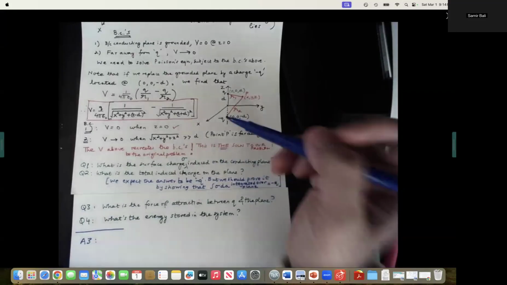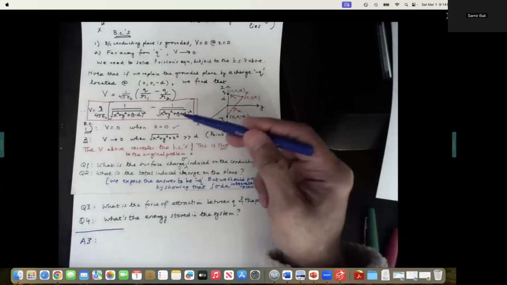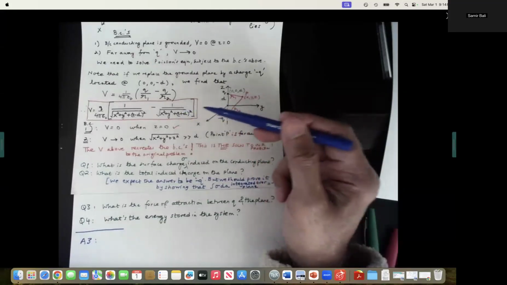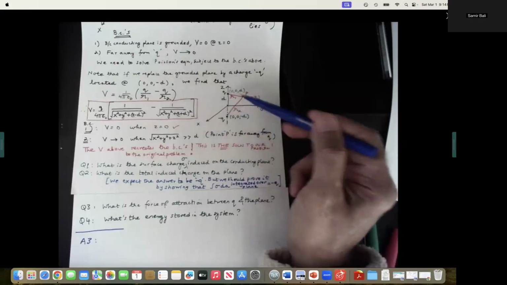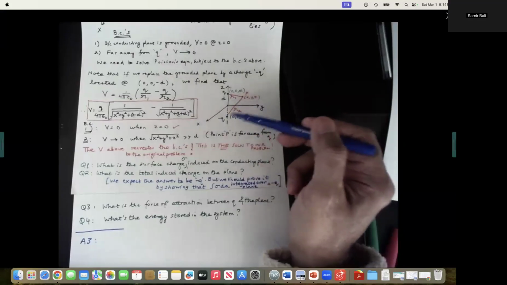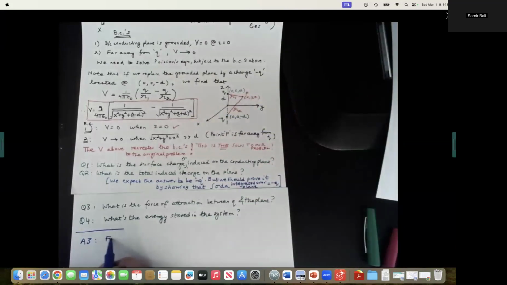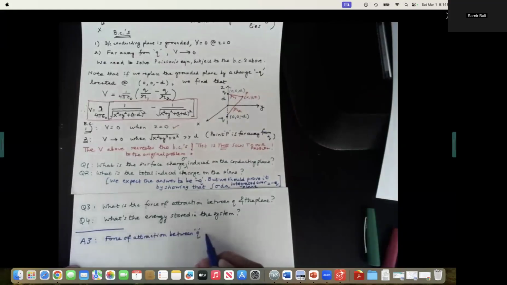Well, there's my potential, and I replaced the plane by this other model that is modeling the conducting plane for me. So the force of attraction is simply that between the charge Q and its mirror image. And that's easy, right?